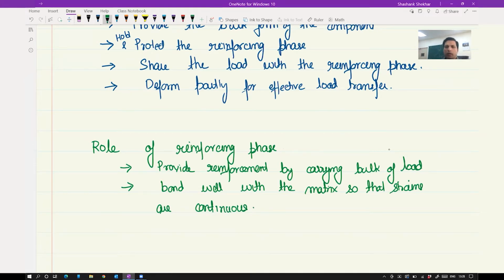So overall, the roles of the matrix and reinforcing phases are clearly understood, and accordingly we include the material for either the matrix phase or the reinforcing phase.